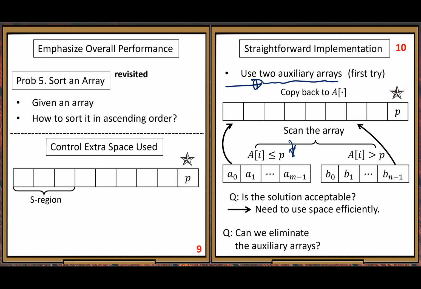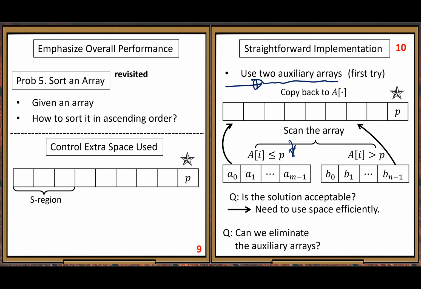We should do the manipulation within the original array. That means we need to manage all the locations in an organized way. We don't want to mess up, because if you do not keep track of the locations of these elements well, you may mess up.